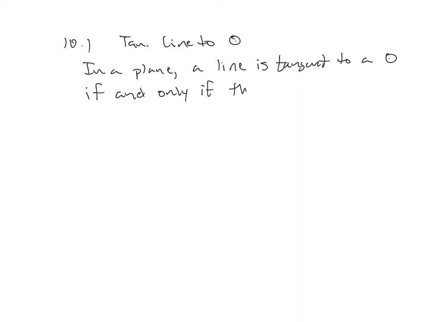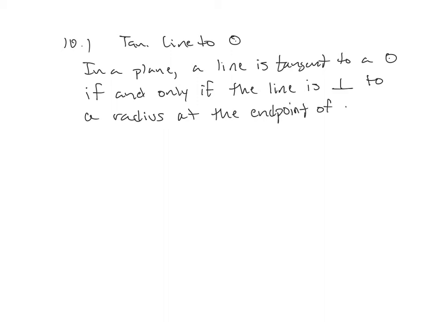The line, so the tangent line, is perpendicular to a radius at the endpoint on the circle.